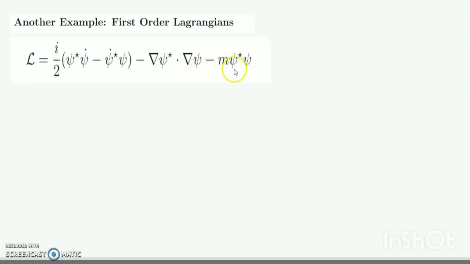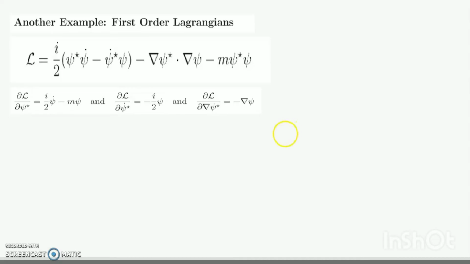Okay, this equation you will get from my Klein Gordon equation video. I will also give a link here. Please check how to derive it. Now you see that we can determine the equations of motion by treating psi and psi star as independent objects.